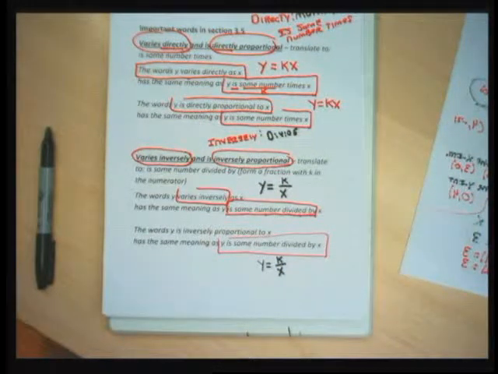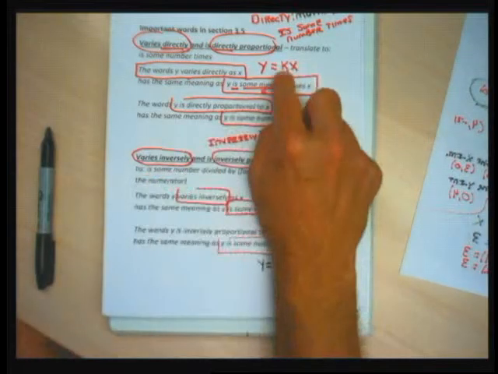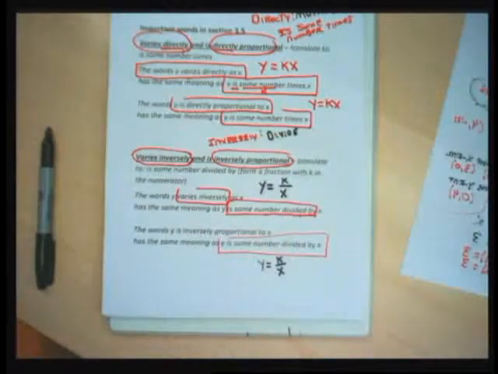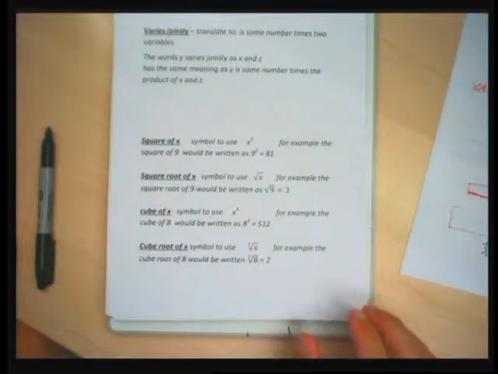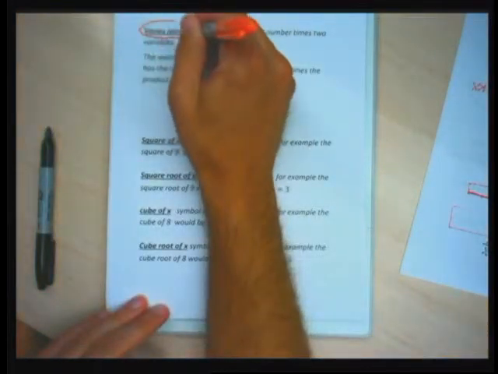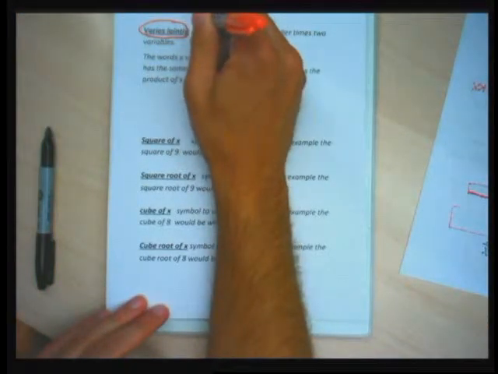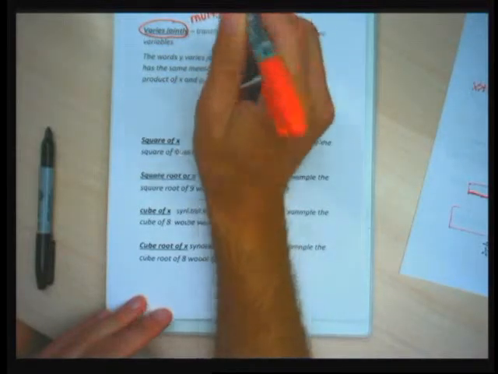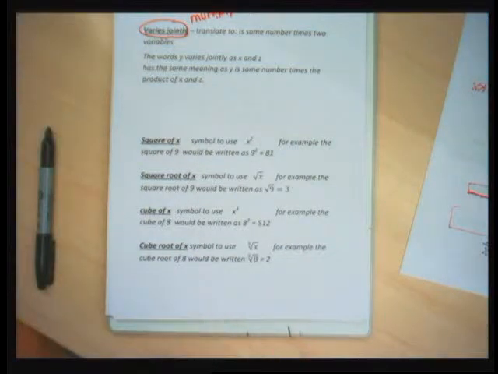but it's slightly different in that for directly, there's one thing we're multiplying by the some number, or one thing we're multiplying by the k. The third word we're going to see in this section is jointly. And varies jointly is also a word that translates to multiply, but it's multiplying by two things after the k.